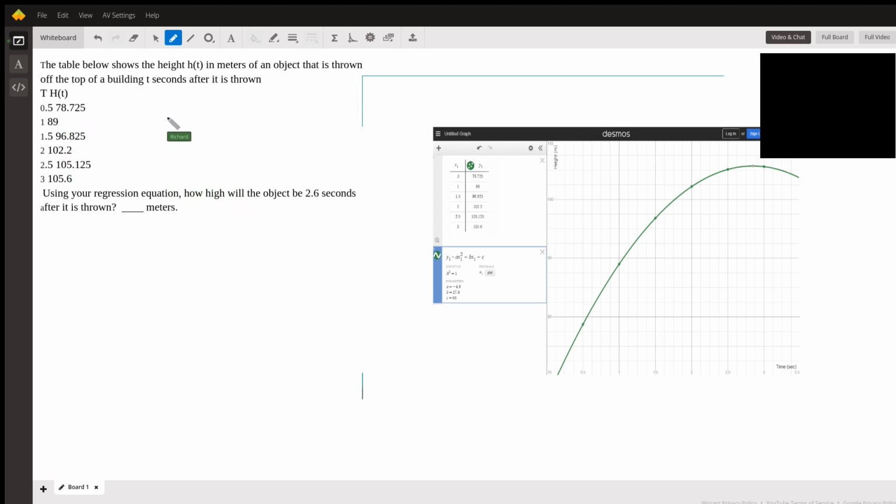So I chose to do this in Desmos because it's the most convenient way for me to present the result. Of course, you can do this on your graphing calculator. If you don't already know Desmos, I would suggest you get to know it. It's a very useful tool, very easy to use.